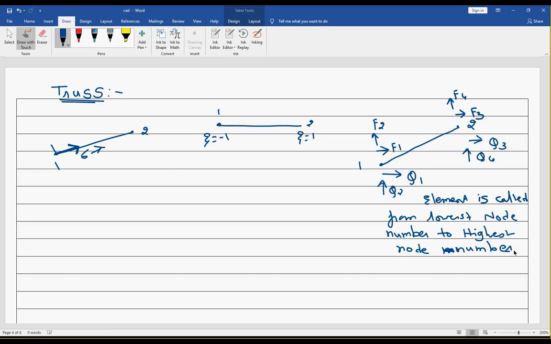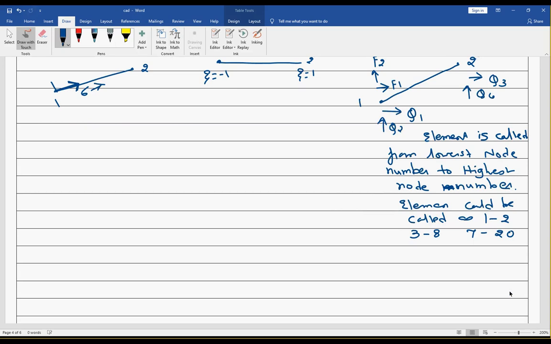The element could be called as 1, 2, or 3, 8, or 7, 20, or 20, 30.